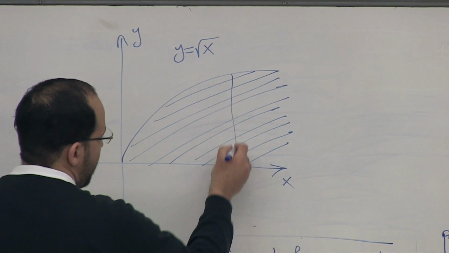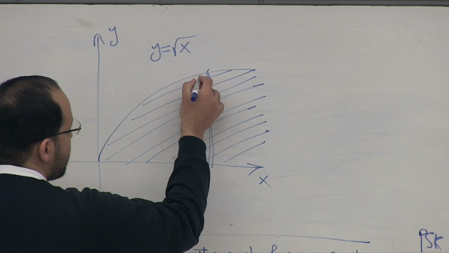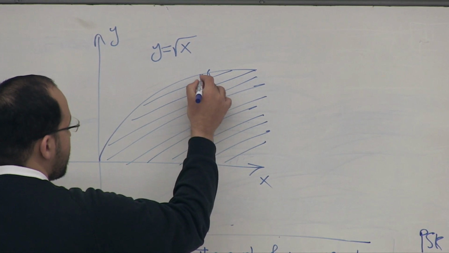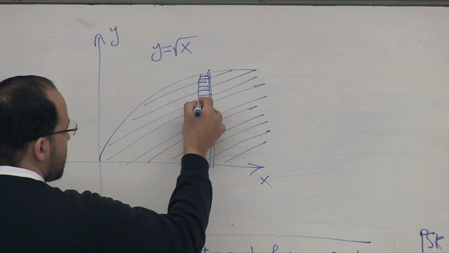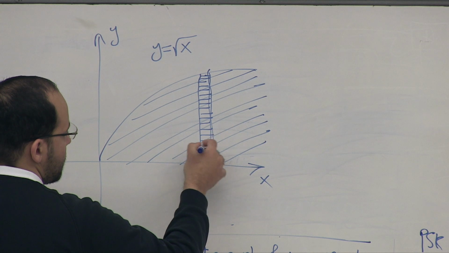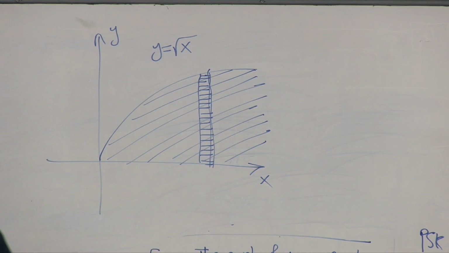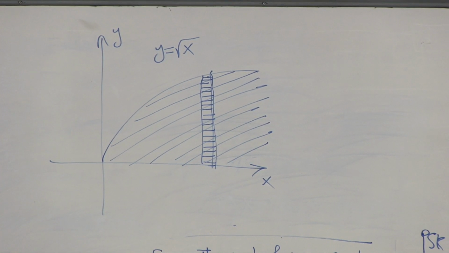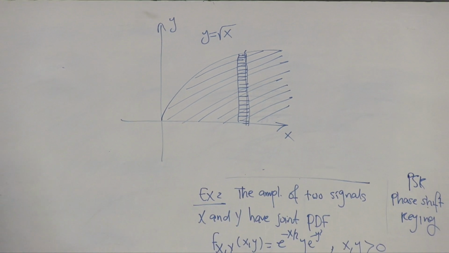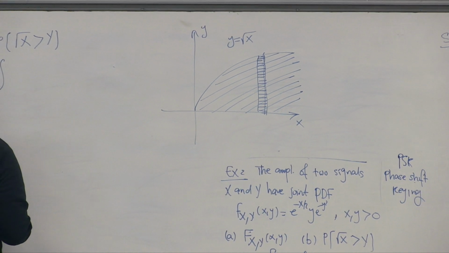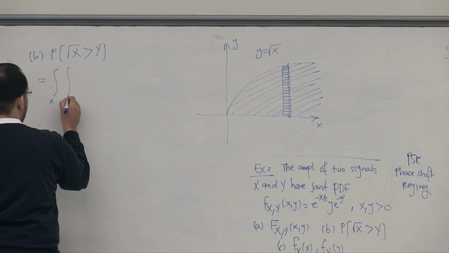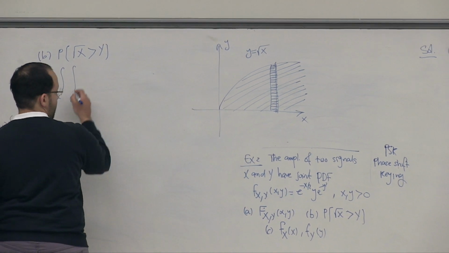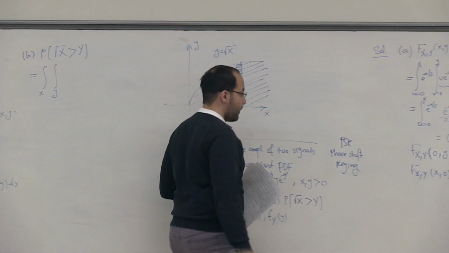When we take our infinitesimal stripe here, we can immediately try the integration. In this case, it would be the double integral over x and y. What do we have here?